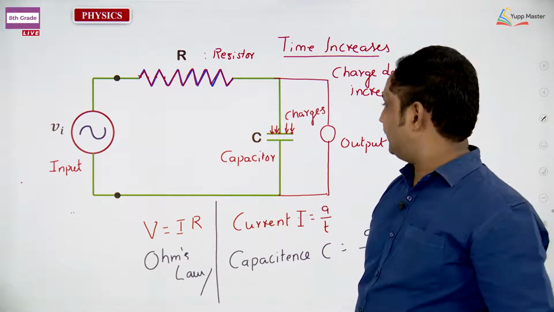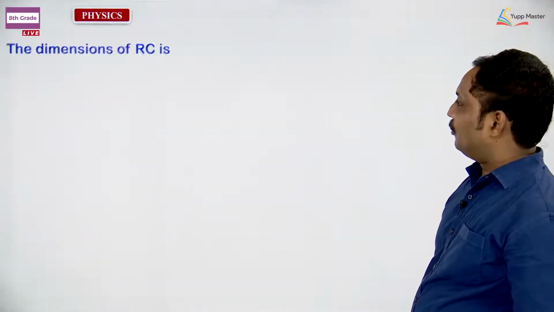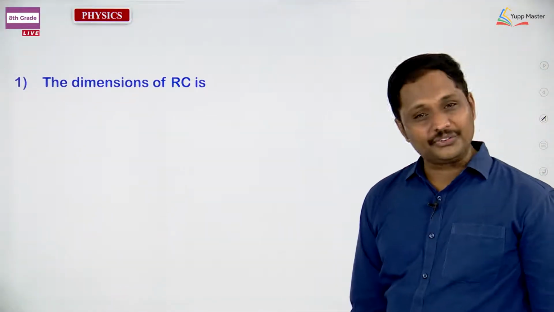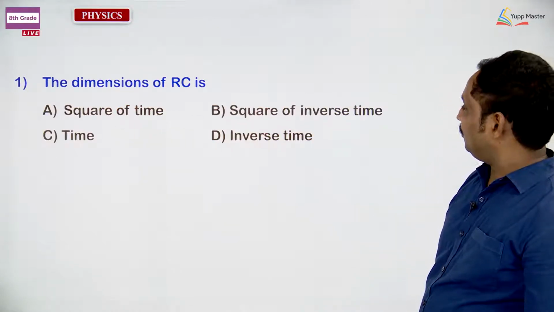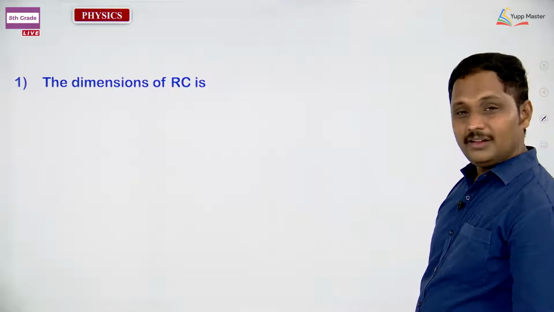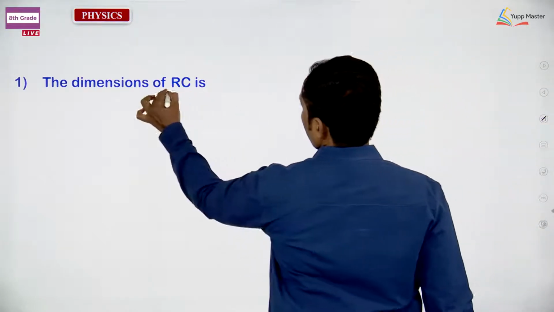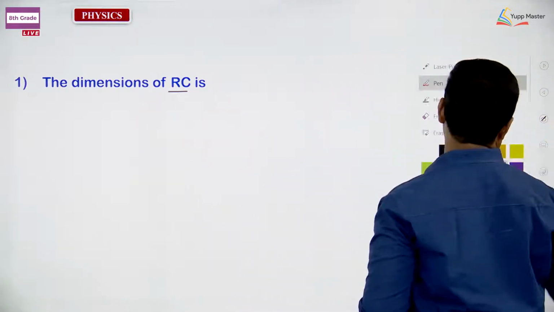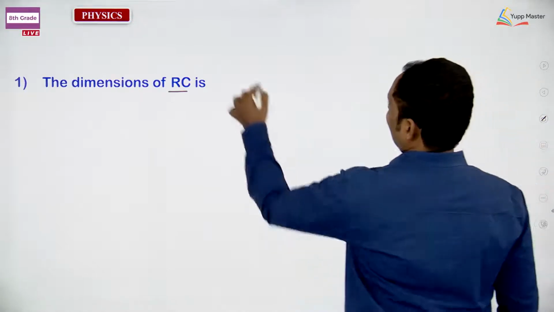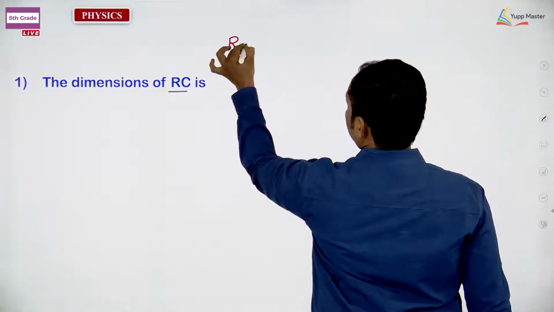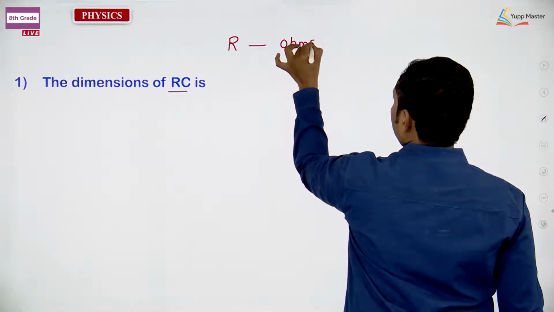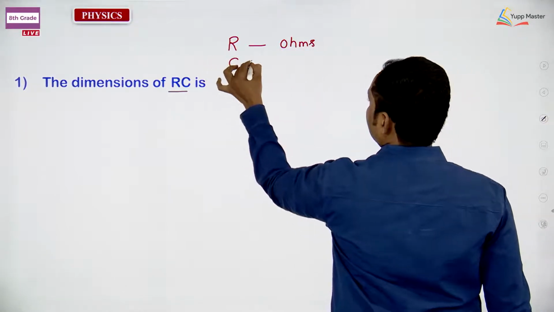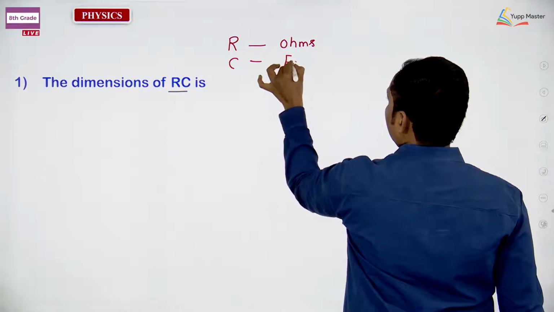Just you can see that, right? The dimensions of RC. So, what about R and C? R has the unit ohms. C has the unit farads.